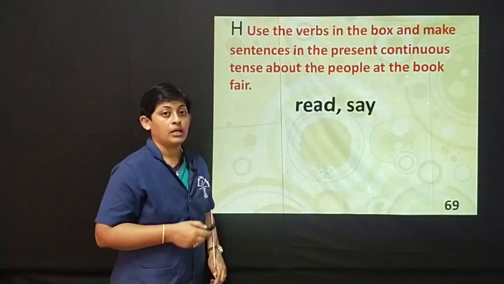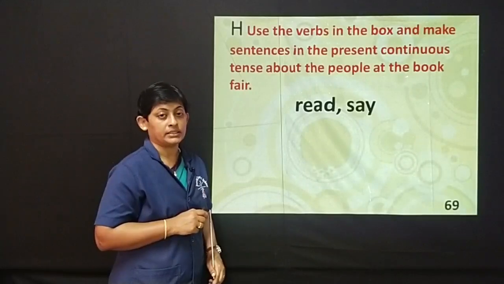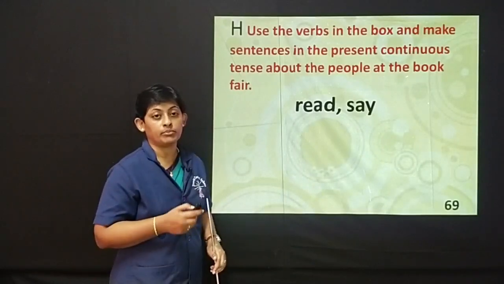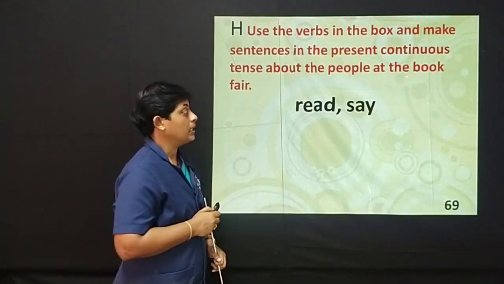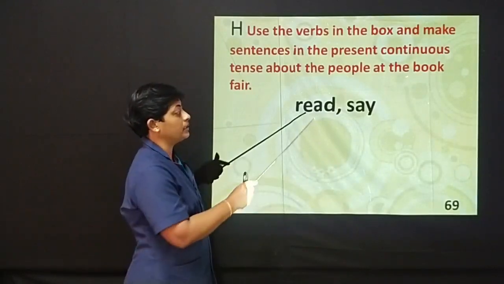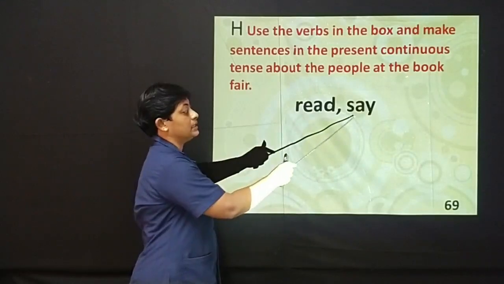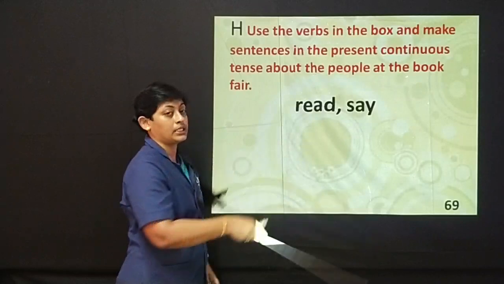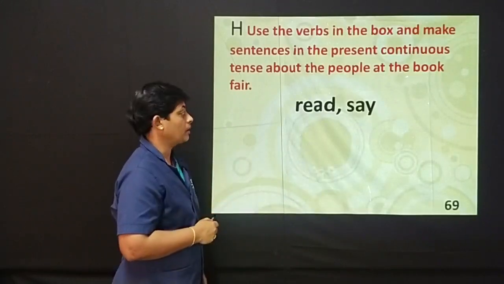So I have formed the sentences for you. You can keep the same sentences or you can make your own. But please remember, they have to be of these verbs and they have to be in the present continuous form.